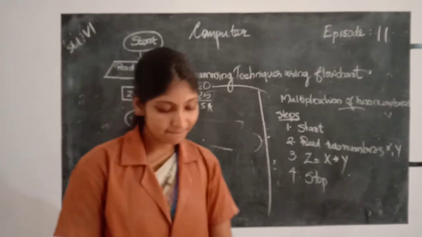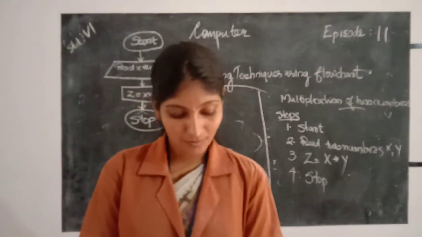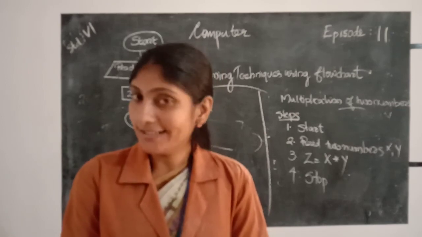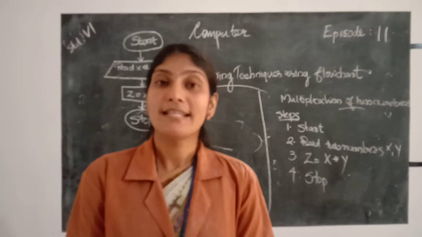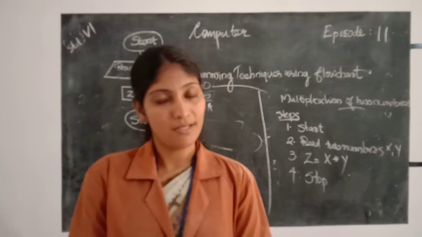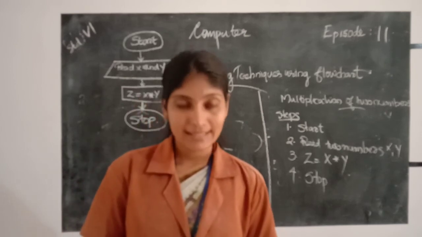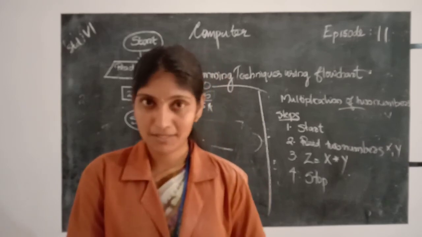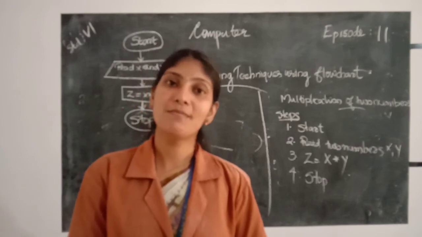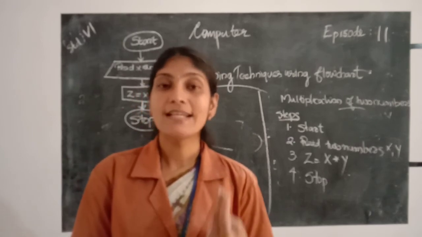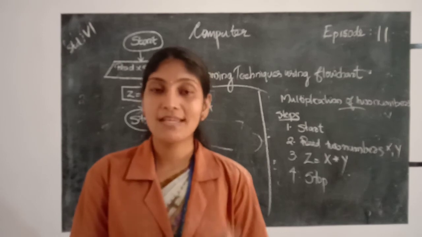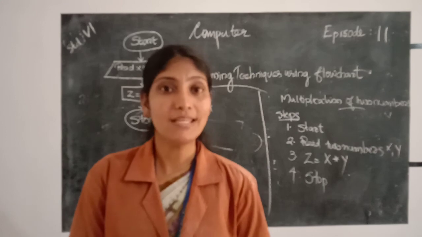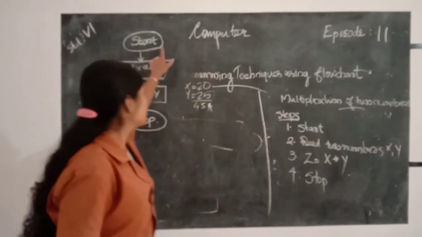So once again, at first we discussed flowcharts. Then what is a flowchart? A flowchart is the graphical representation of the instructions required to solve a problem. And then there are some shapes used in a flowchart. First, the terminal box. What is the use of a terminal box? It is used for writing start and stop; the beginning and the ending of the flowchart should be written in the terminal box.